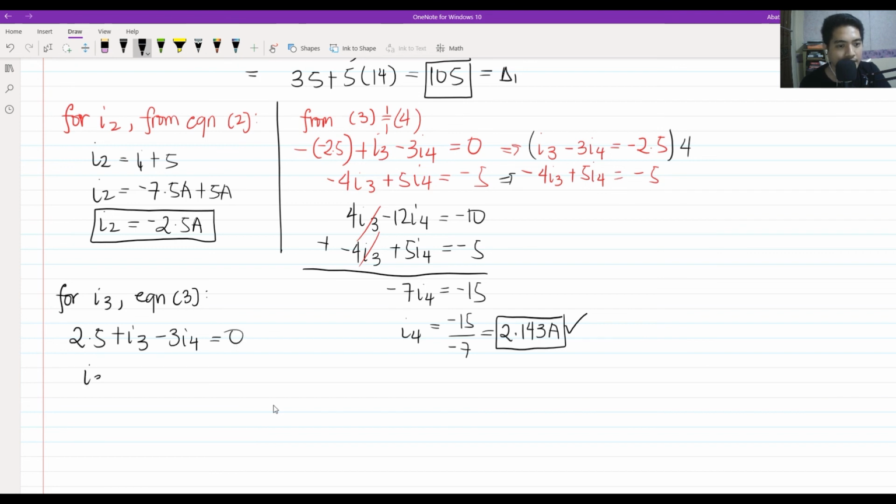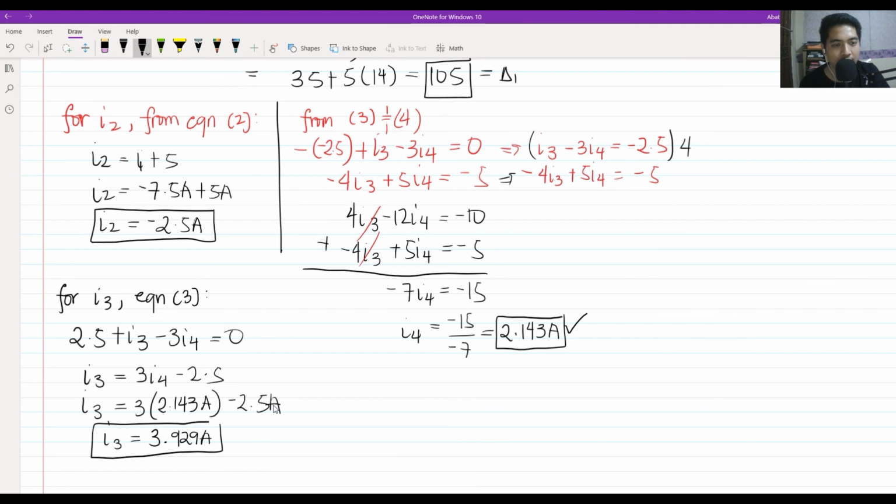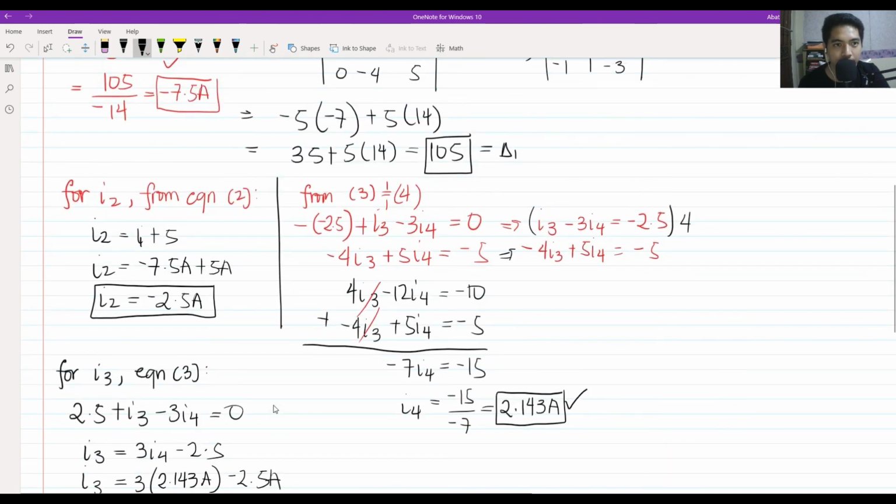So I sub 3 would be 3 times I sub 4, which is 2.143 amperes, minus 2.5 amperes. If we solve for that, that is 3.929 amperes. So our answer, I sub 1, would be negative 7.5 amperes.